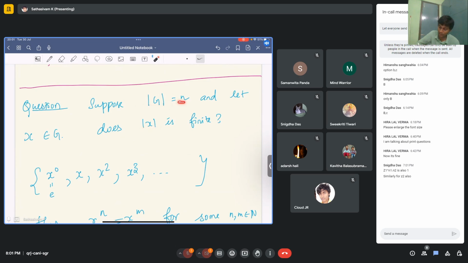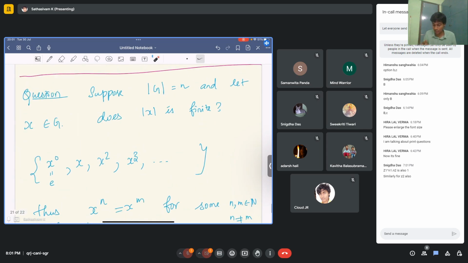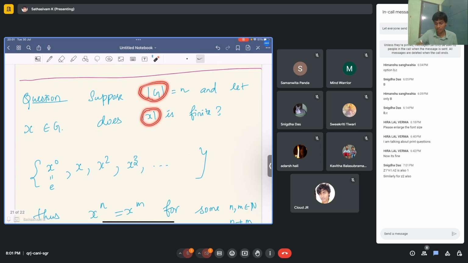What I said is, if the order of G is finite, then the order of x is also finite. Can I say the order of x in terms of n? Is there any relation between the order of x and the order of G? Here we used some kind of pigeonhole principle, so one may think there may be some relation.